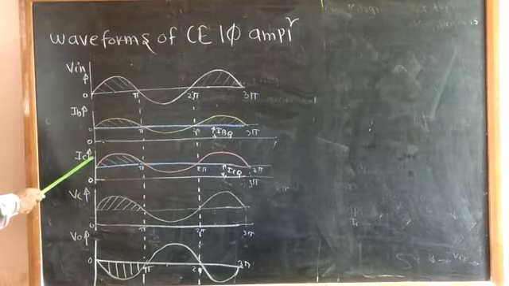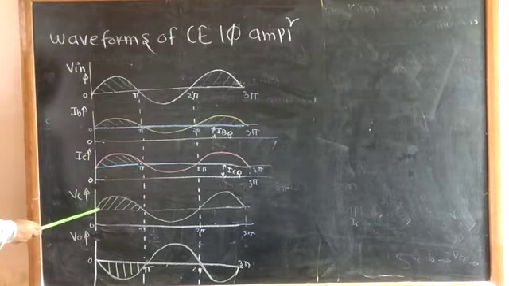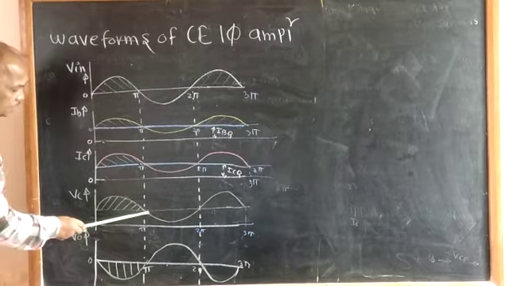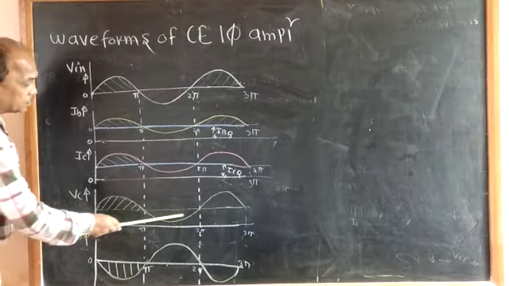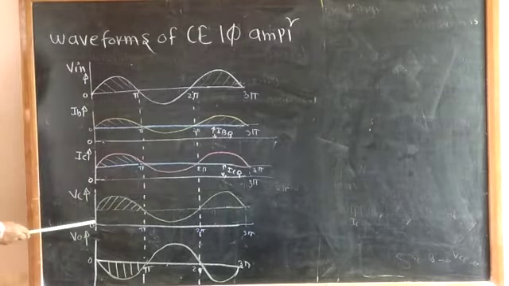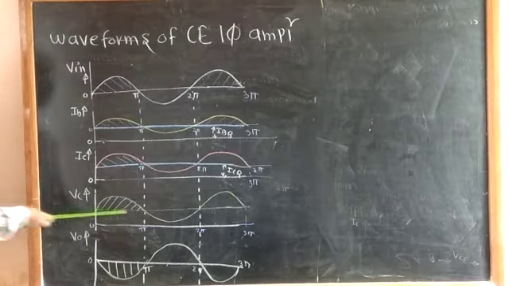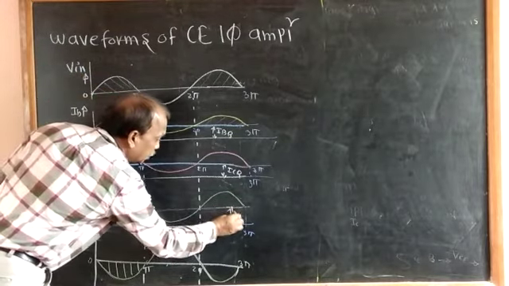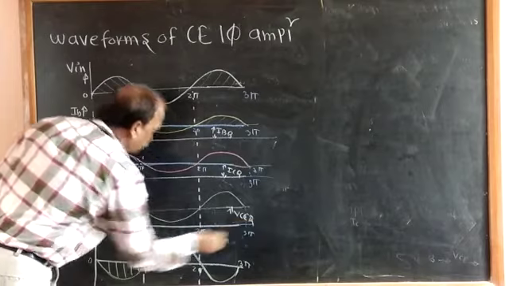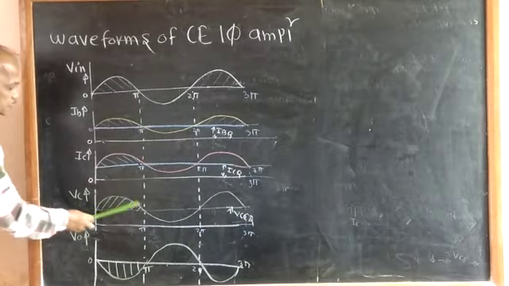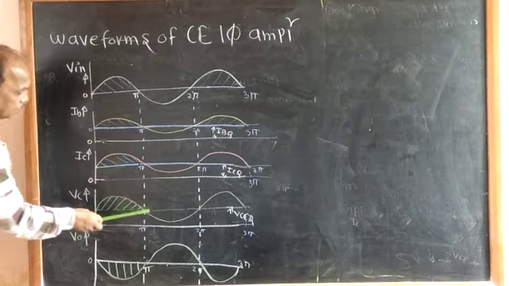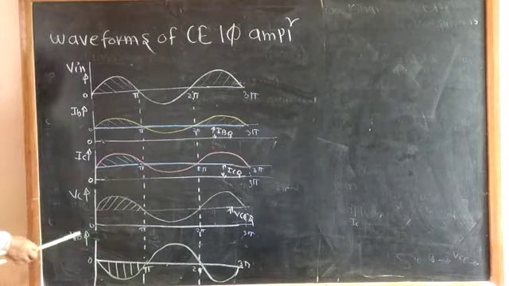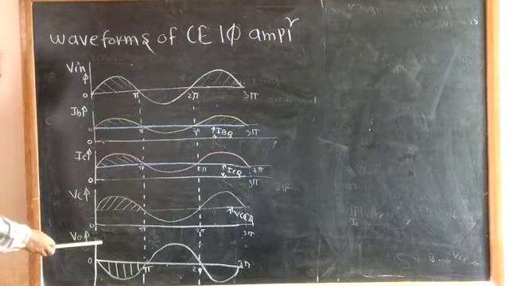Now due to this current, voltage is available at the collector terminal. Now at the collector terminal, again a sine wave similar to the input signal. Okay. And it also contains a DC component shown by VCQ. So this is the VCQ level, which is a DC level. Over the DC level, the sine wave signal is present. This is a positive half cycle. At the same time, this is the nature of the negative half cycle. It happens continuously. Okay. Now we have to take the output signal by using a coupling capacitor.